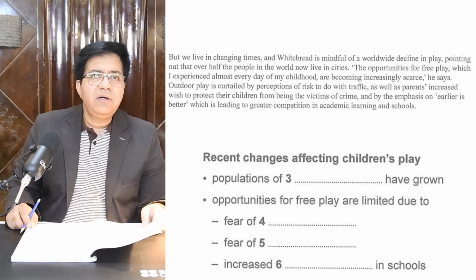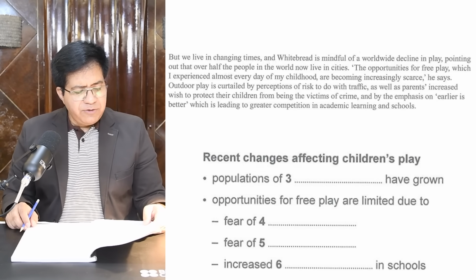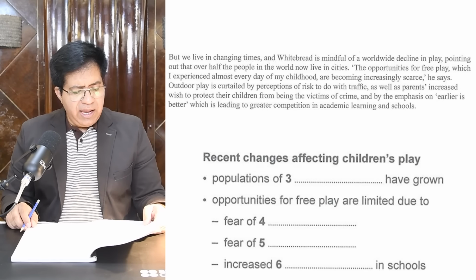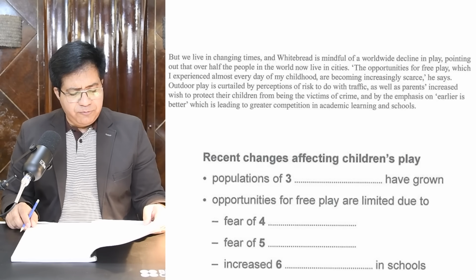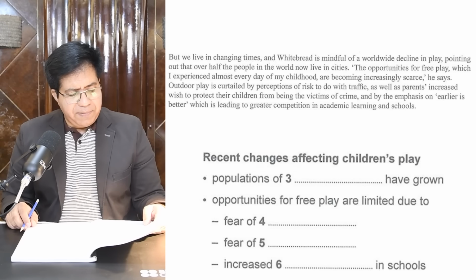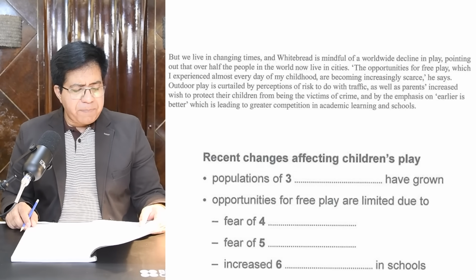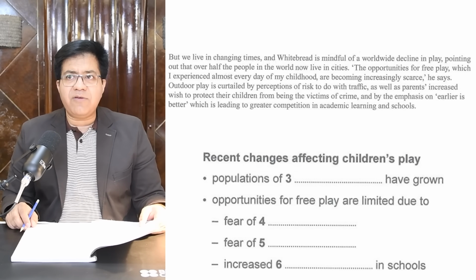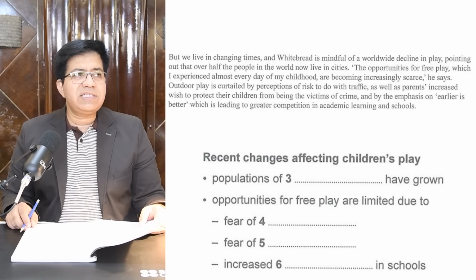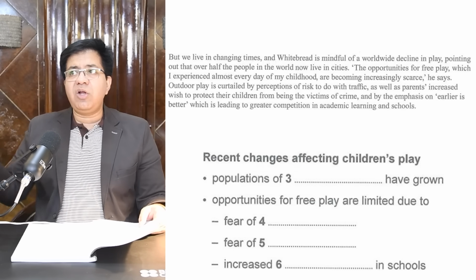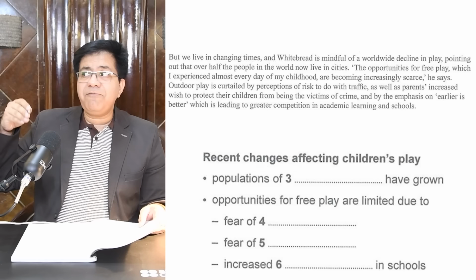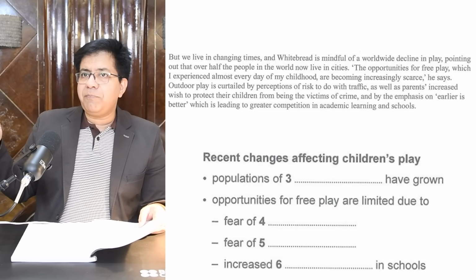Found it? Okay, so I'm reading from here. But we live in changing times. And White Bread is mindful of a worldwide decline in play, pointing out that over half of the people in the world now live in cities. What does it mean? The population of cities have grown, not population of people.